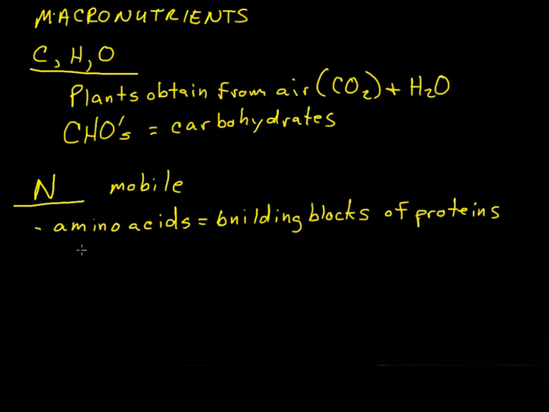The pumps and the channels that we were talking about when we talked about active and passive transport are made up of proteins. Ribosomes are made up of proteins. All the enzymes in any organism are made of proteins. And so, as you could imagine, there's quite a bit of nitrogen needed by not just plants, but by all organisms. Another one that's specific to plants is nitrogen is a structural component of chlorophyll.